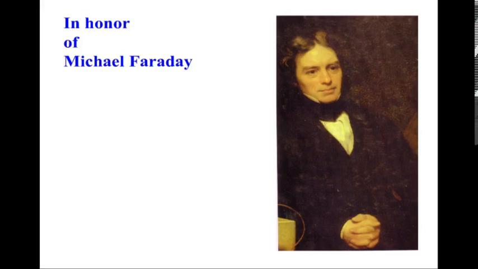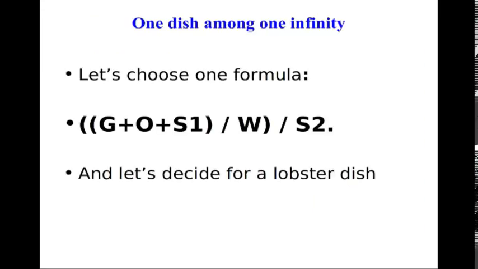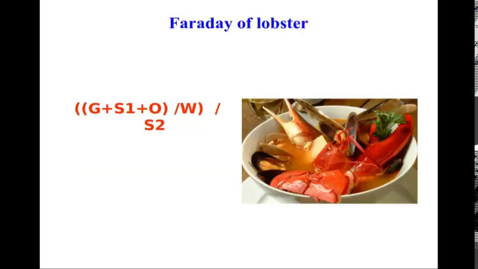He discovered benzene, he discovered electromagnetic induction, he discovered the Faraday effect for optics, and so on and so on. He was a wonderful man. So I decided to create a dish that would be called a Faraday. So I chose a formula, and I proposed a recipe for a Faraday of lobster. Now, how is this formalism useful?